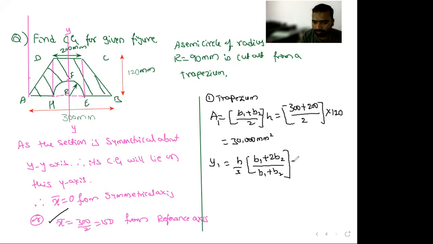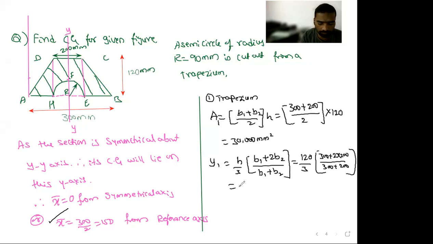So substitute. What is the height? 120 divided by 3, into b1, that is 300, plus 2 times the top width, 200, divided by b1 plus b2, that is 300 plus 200. Can you tell me the value?